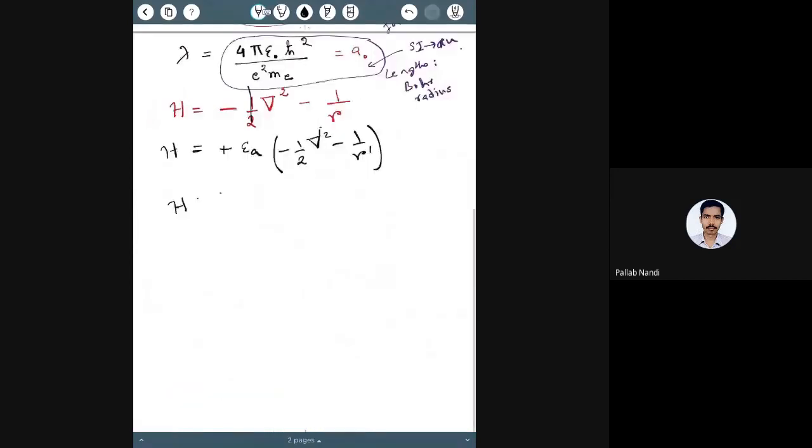Then in my Hamiltonian, I can take EA as common, and I have minus half grad square minus 1 by r prime.